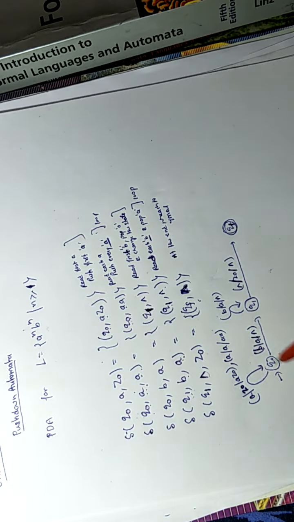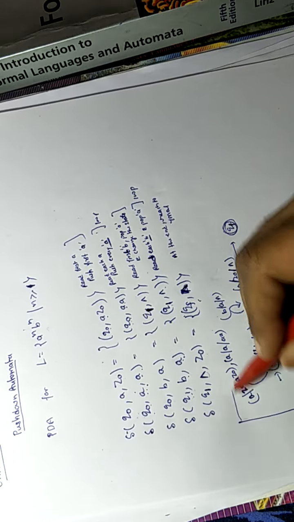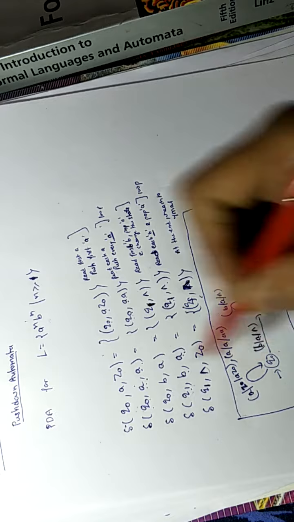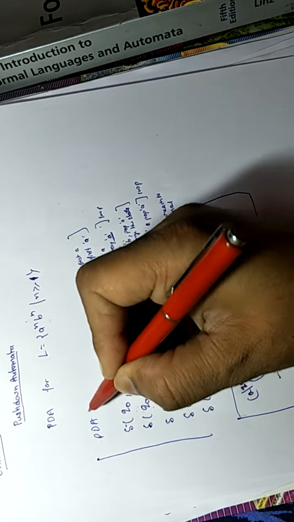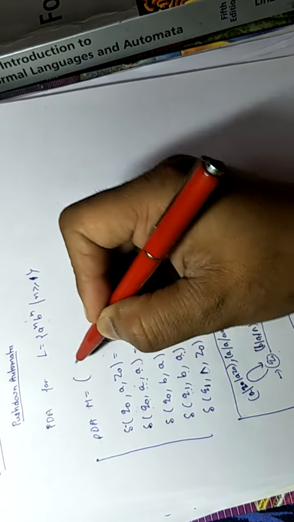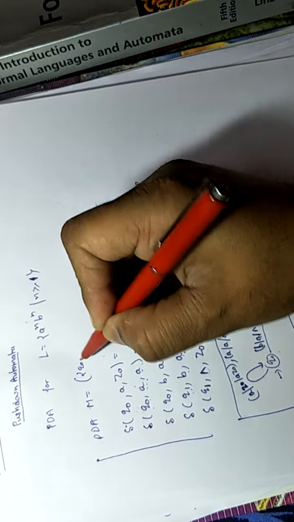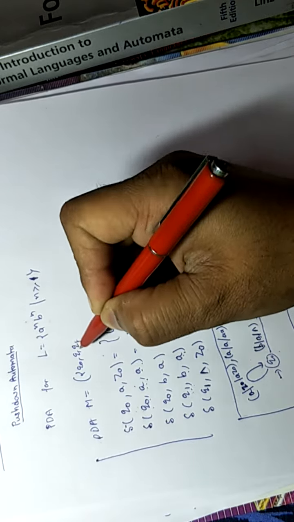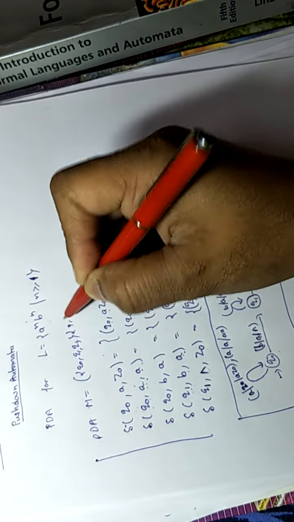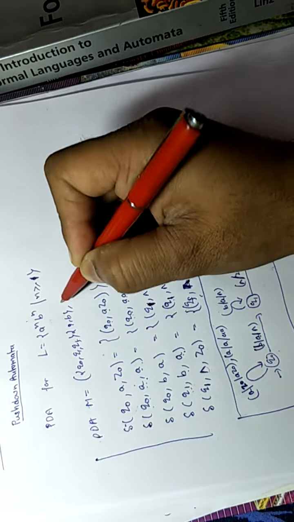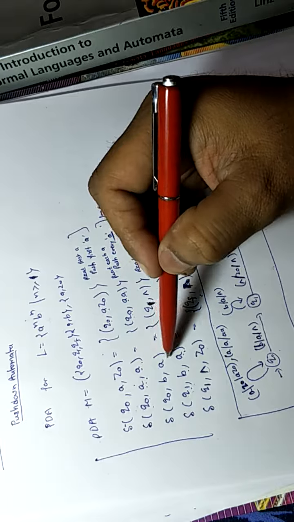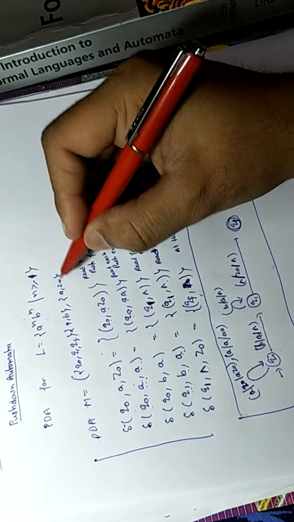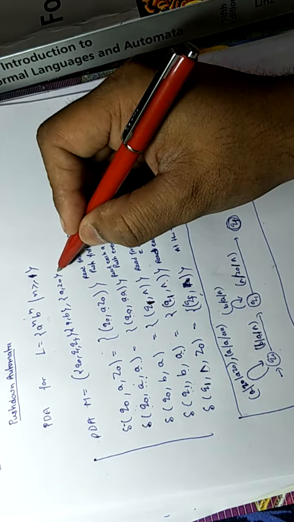So we can design the PDA like this also, and this is also correct, where the PDA machine is a 7 tuple machine, where q0, q1, qf are the states, a, b are the input symbols, a, z0 are the stack symbols, because we pushed only a on the stack, and z0 was the initial symbol.